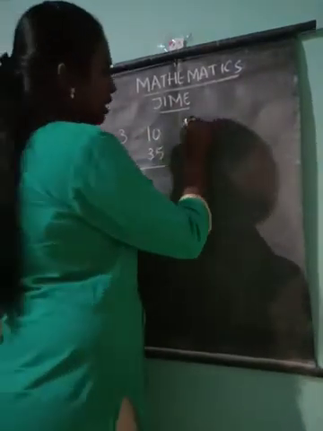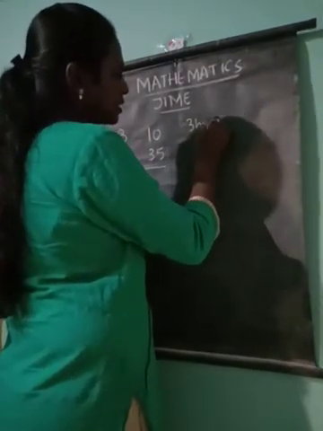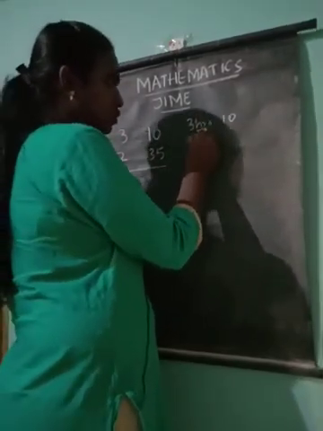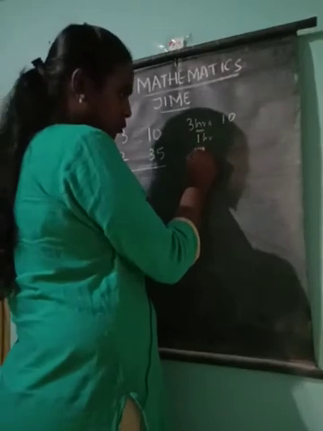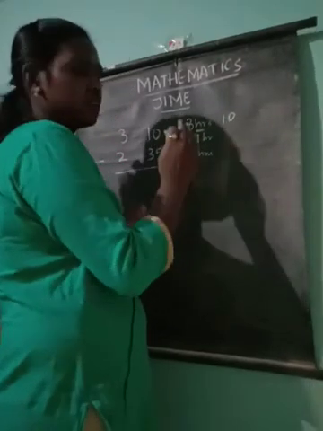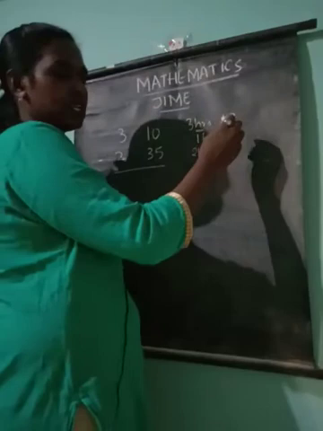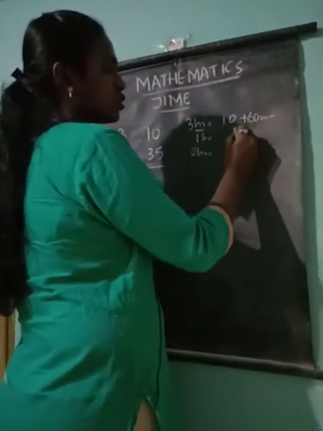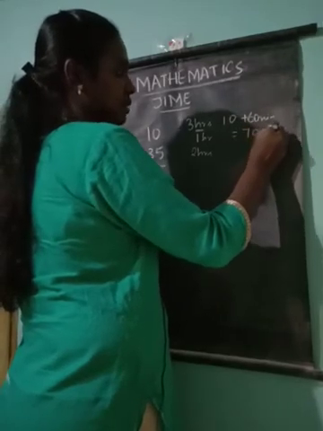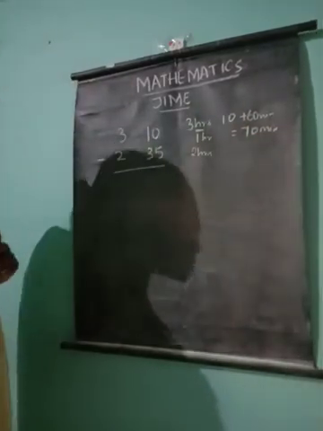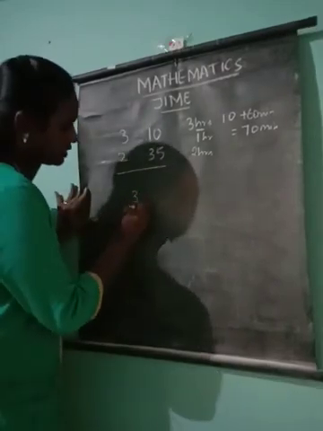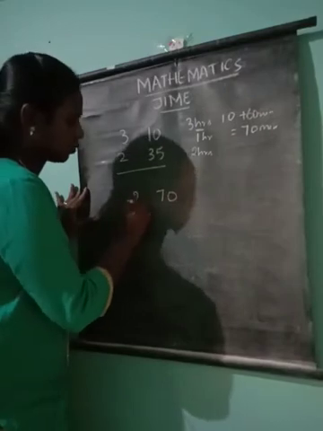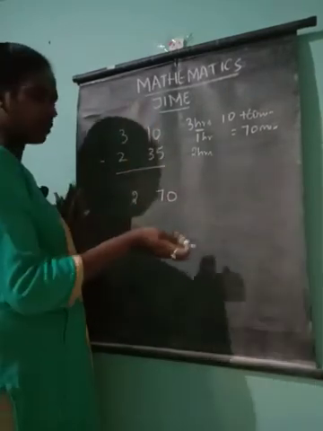So here, what you have to do: 3 hours 10 minutes is there, right? Reduce 1 hour, it will become 2 hours. If I convert that 1 hour to minutes, it will become 60 minutes. So here 70 minutes. Now, next step: not 3 hours, 2 hours, because 1 hour is converted, and 70 minutes.